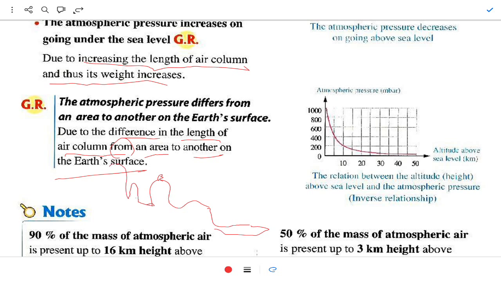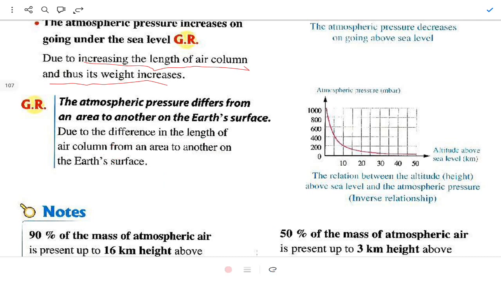If you measure the pressure here, it will differ from here, from here, from here. It will differ because the length of the air column differs in each place. The length of the air column would be different.